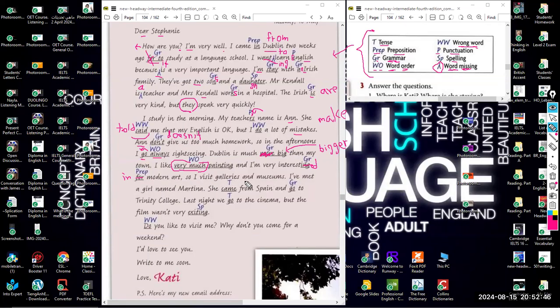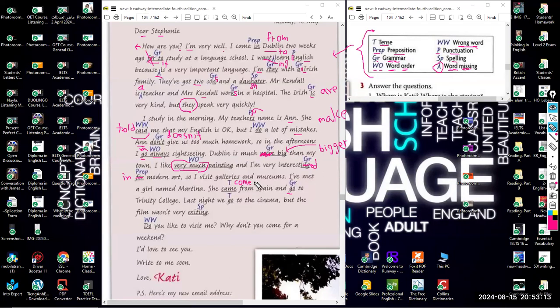So I visit galleries and museums. I've met a girl named Martina. She came from Spain and go to Trinity College. Notice, guys, here I have a mistake concerning tenses. She comes, not simple past, but simple present.